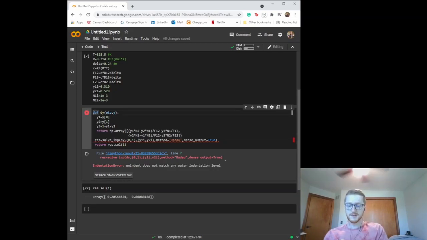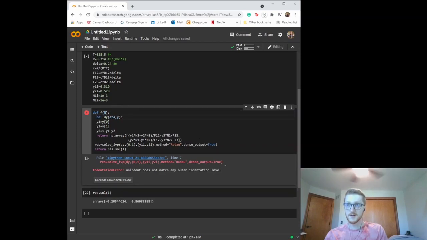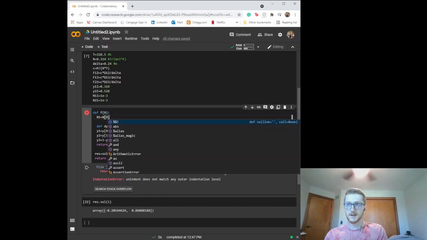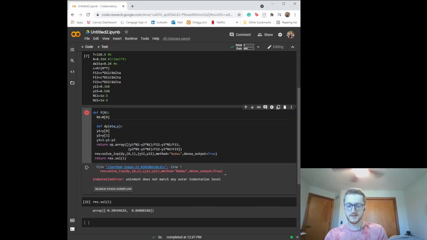But first, I'm going to define a function f with the variable of the molar flux. And what I'm going to do is define molar flux of acetone equal to the first value of the array, like I did with the mole fractions, just to make it easier on me so I don't make any typos.